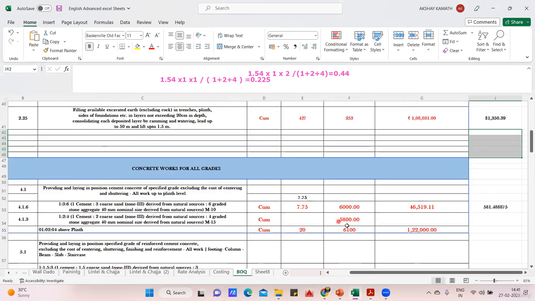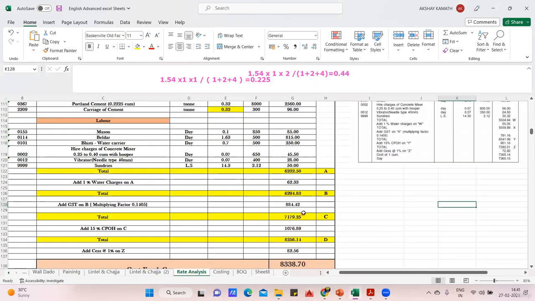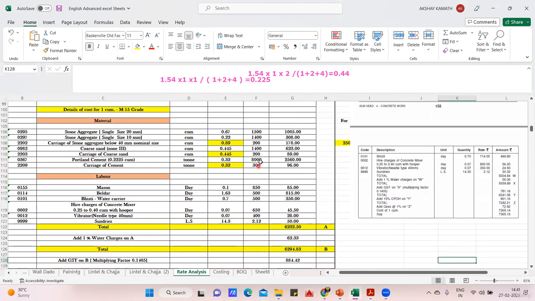So in the BOQ, I'll go. Okay. So here I'll input that. Whatever rate I've taken is on a higher side. If you remember, I've added so much rate; 8,000 is a little expensive compared to 5,000. But again, it depends on your condition, what rate you are going to put. Okay, fine.